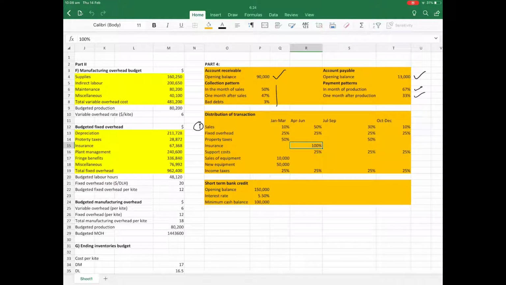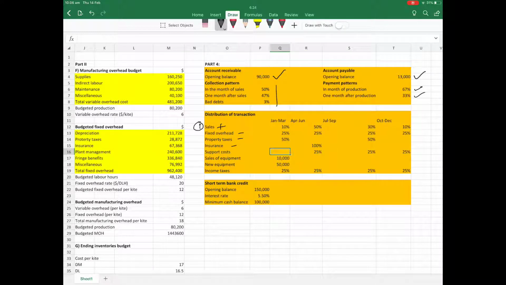The insurance is 100% paid in the second quarter. That is a cash outflow, so I put the plus here as cash inflow and the minus here as cash outflow. For the supporting costs, they say the supporting cost is distributed evenly throughout the year. So I put 25% in each of the quarters, and that is a cash outflow as well.